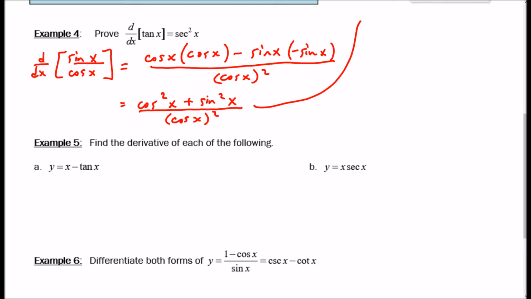All right, and then we can use a trigonometric identity that 1 equals sine squared x plus cosine squared x to get 1 over the cosine of x squared. 1 over cosine x equals secant x, so 1 over cosine squared will be secant squared.